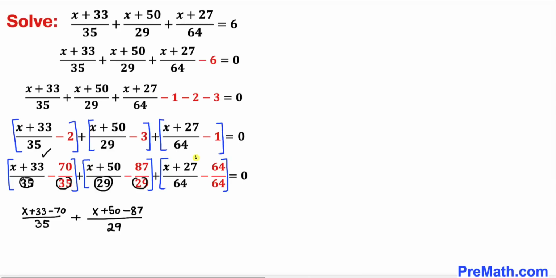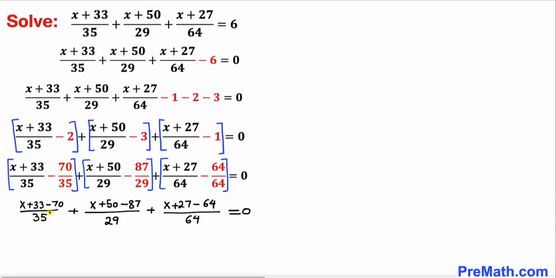And finally, in this next bracket, we have denominator 64, and on the top x plus 27 minus 64, equal to 0 on the right hand side.